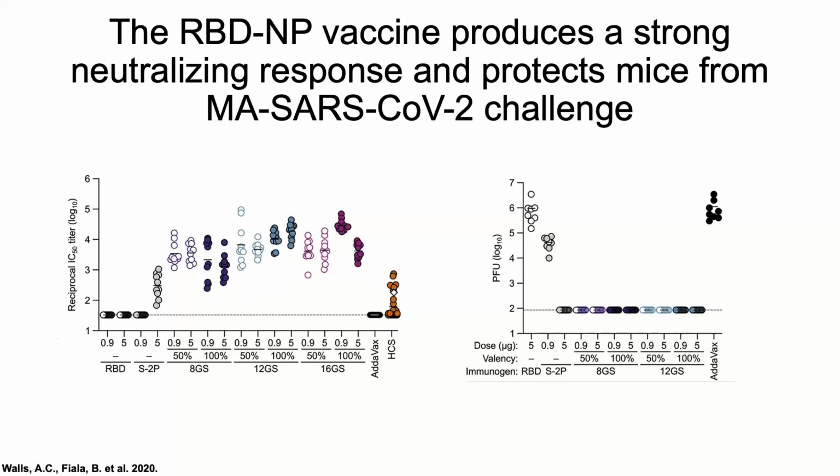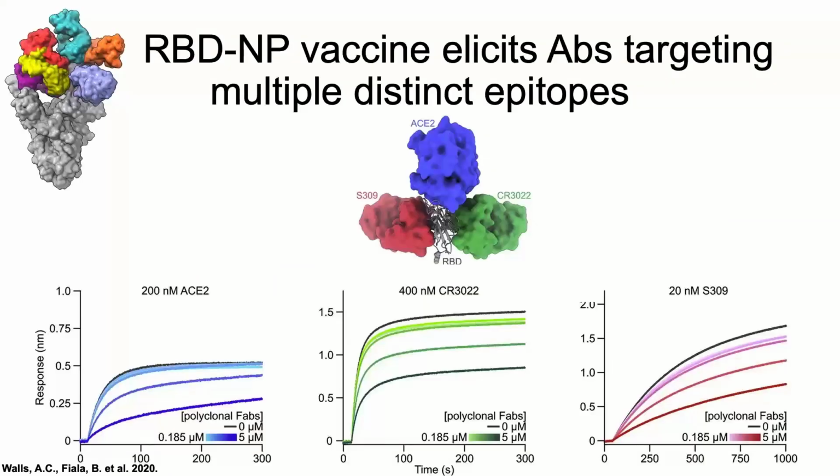Now, not only are they fully protected and eliciting really high titers at a low dose, but we also showed that we're really targeting many different locations on the receptor binding domain nanoparticle. We're getting antibodies that block ACE2, which we can see through this BLI competition assay, where as we add purified polyclonal Fabs, we can actually block the binding of ACE2, which the native binding is in black here.